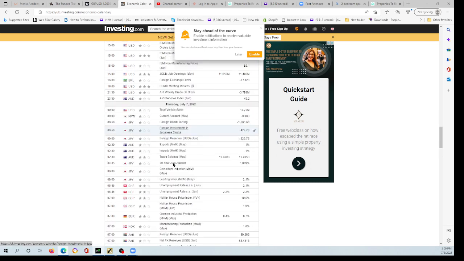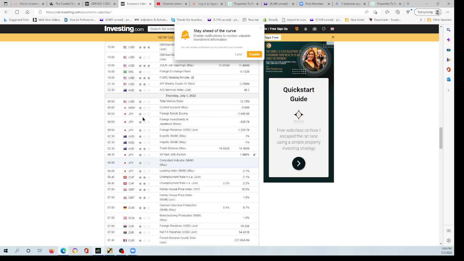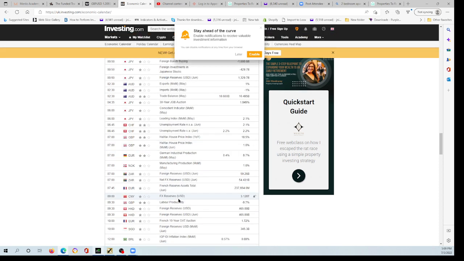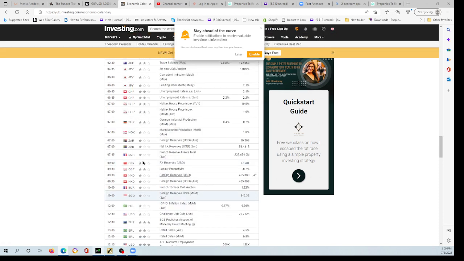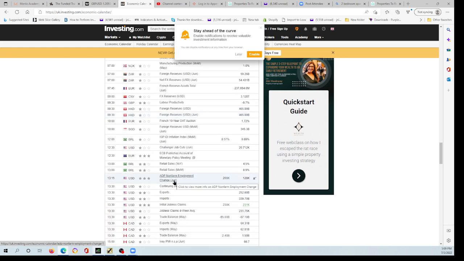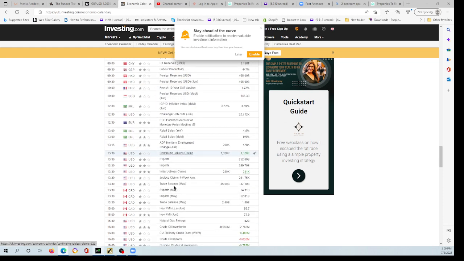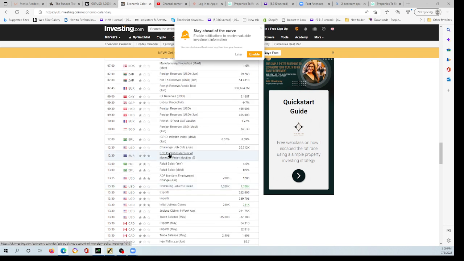Then Thursday you have the Halifax house price index, which might move the market a little bit, but no CHF news. Everything is labor productivity. And then Friday is non-farm, so we have big news on Friday.